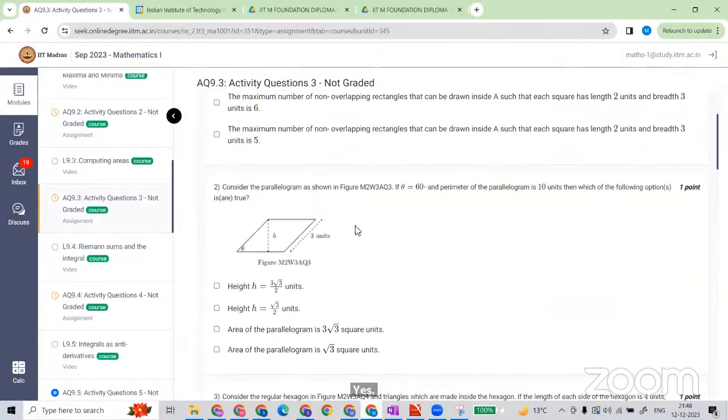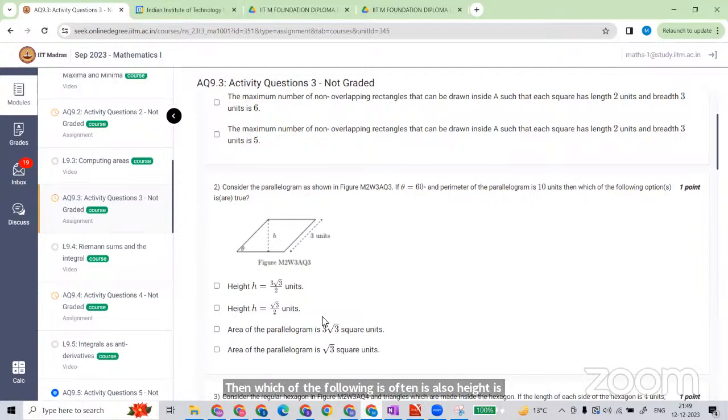So what is your doubt here? Sir, can you explain this question? I did not get it. So consider the parallelogram as shown here, and theta is given as 60 degrees, and the perimeter of the parallelogram is 10 units. Then which of the following options is also height is asking h and the area of the parallelogram.